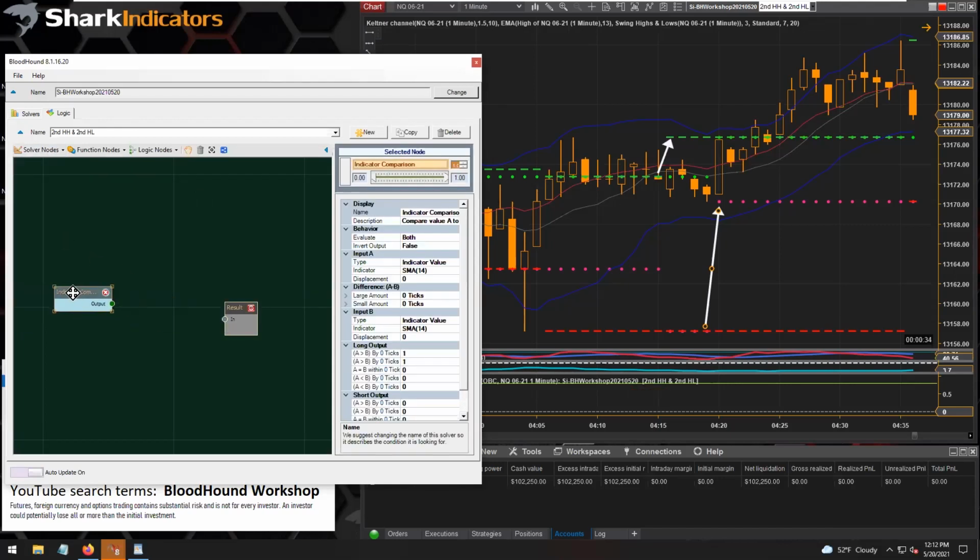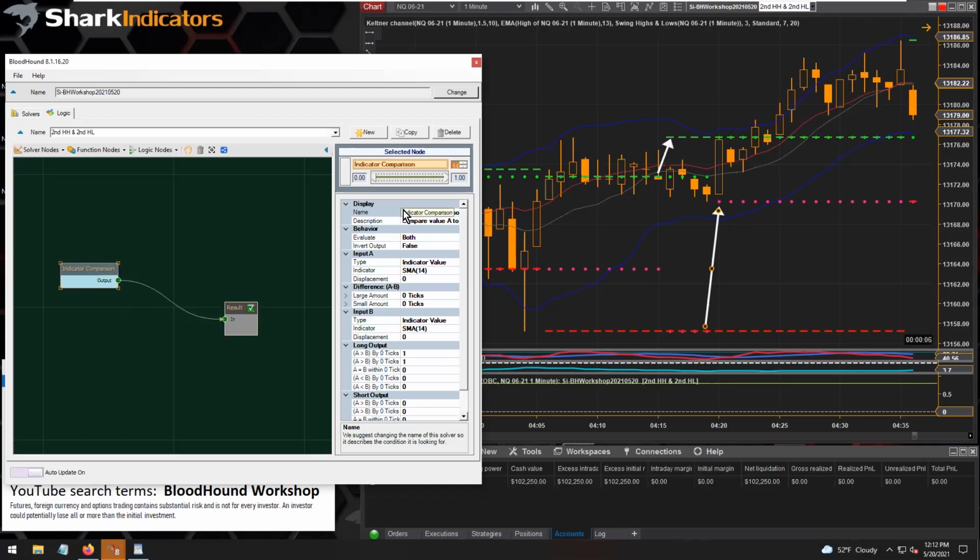So the comparison solver, simply put, it's identifying whether something is higher or lower than something else, right? So we're looking for the hashes and the dots to move higher, or move lower, if we're looking for lower lows and lower highs.